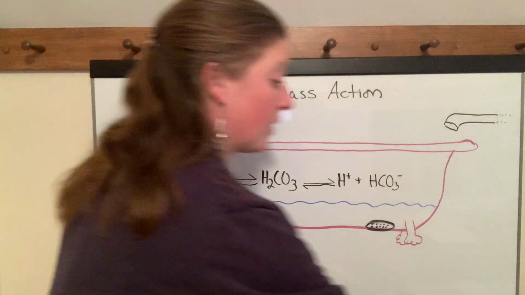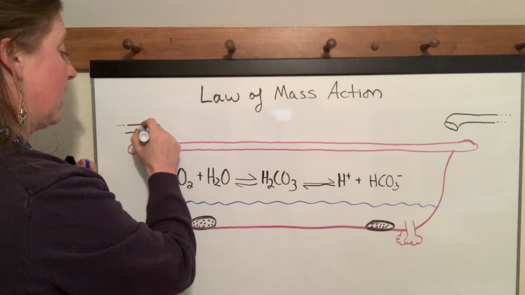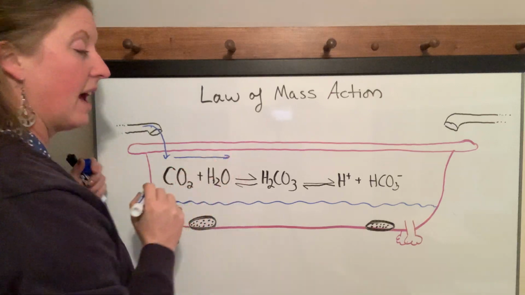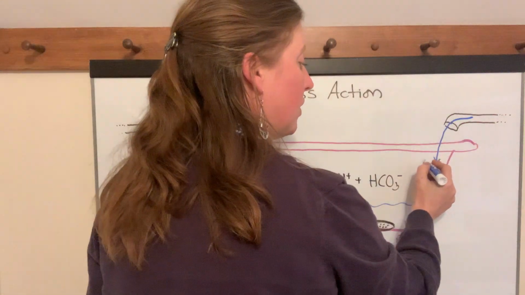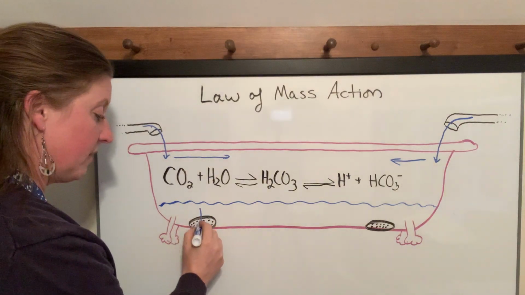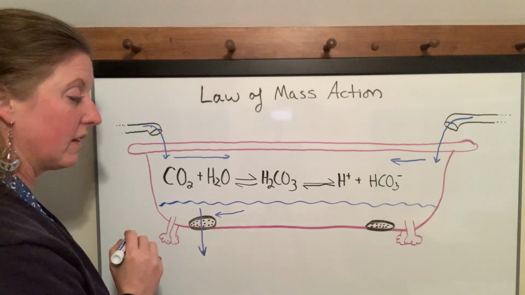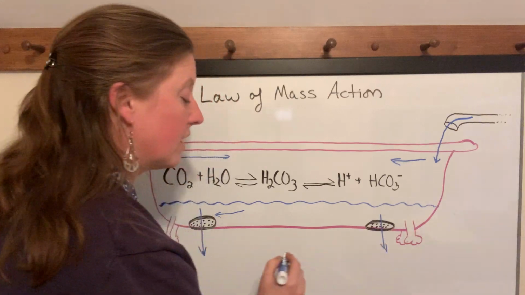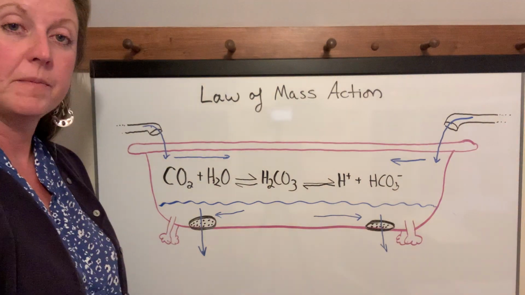So water coming in on this side will move in that direction. Water coming in on this side will move in this direction. Water leaving the drain on this side will make the water move in that direction, and water that's leaving on this side will make the water move in that direction, right?